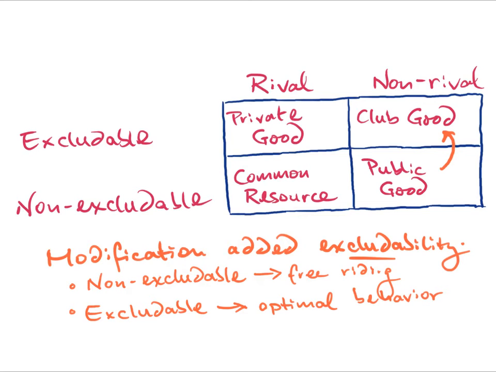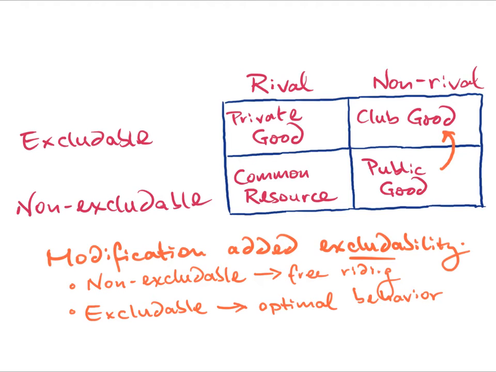Again, excludability completely changes the outcome by making the good excludable, by being able to prevent people from enjoying the good if they don't, in this case, do their share of the work. The group can force all its members to contribute the socially optimal amount of work to the group project.